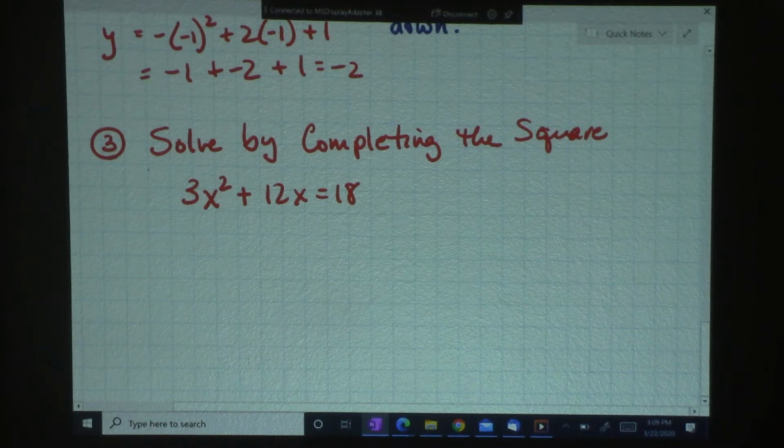We can solve using square roots, we can use the quadratic formula, and we can complete the square. So to do that, the first thing you do is ask yourself, are there any common factors? And if so, then you factor them out.